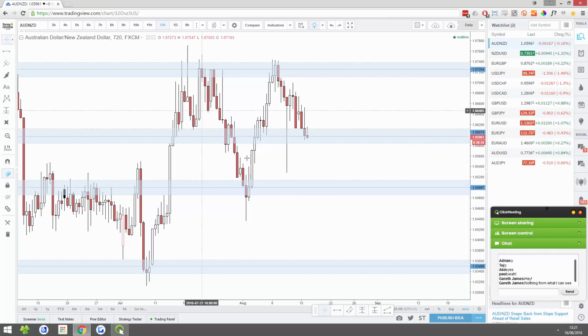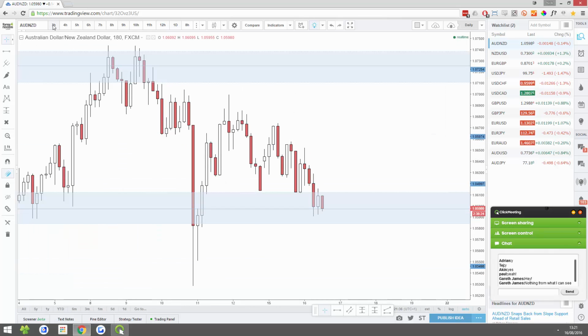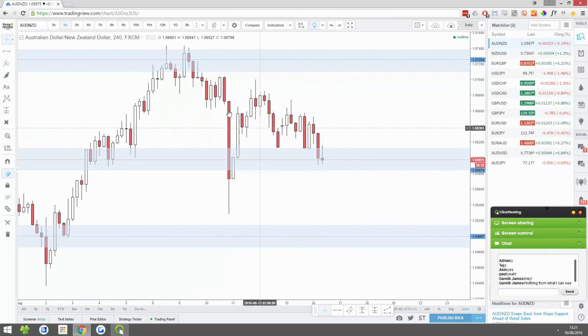It is very possible that sellers are just going to continue moving straight down, and this won't turn into anything. This candle is still very, very young. It's been open 3 hours, 20 minutes. So anything can happen, and this might not turn out to be an actual trade setup, but it is worth keeping an eye on, because like I was explaining with New Zealand USD, price starts stalling on the low time frames, and we can see clearly here on the 3 hour it was stalling, on the 4 hour it was stalling.